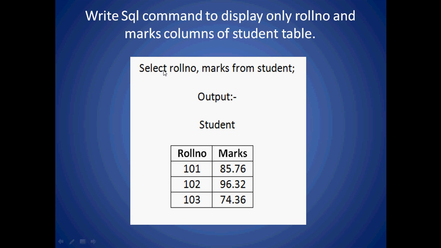So you can write whichever columns you want to show. After SELECT you write the selected column names, here roll number comma marks, and FROM we must use, and then we write our table name, student. So the SELECT command we use to show our data.